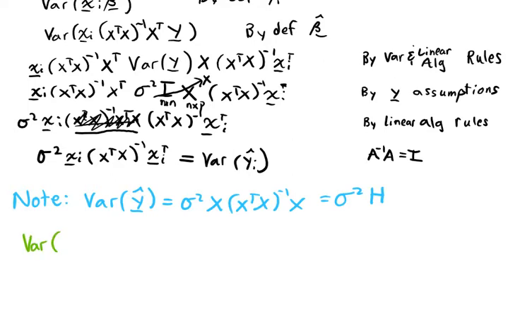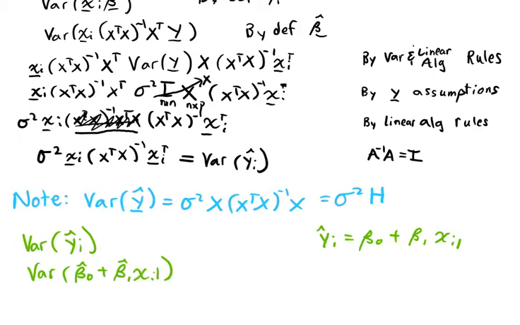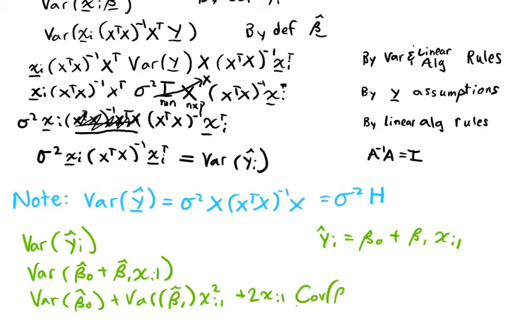They typically do the variance of y_i hat, and I'm going to do this for simple linear regression. y_i hat is equal to beta naught hat plus beta 1 hat x_i1, so they substitute that in, and then they break it up: the variance of beta naught hat plus the variance of beta 1 hat times x_i1 squared plus 2 times x_i1 times the covariance of beta naught hat and beta 1 hat.